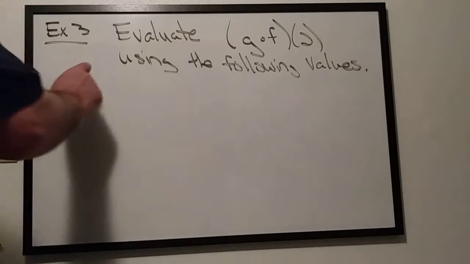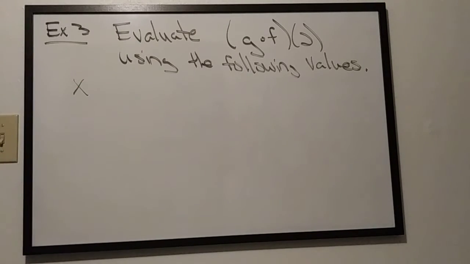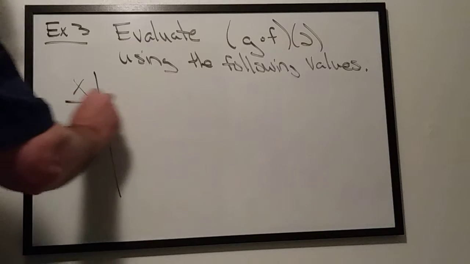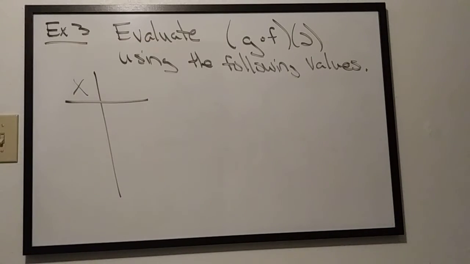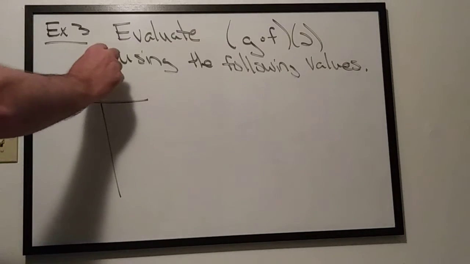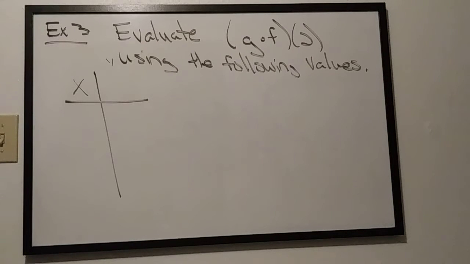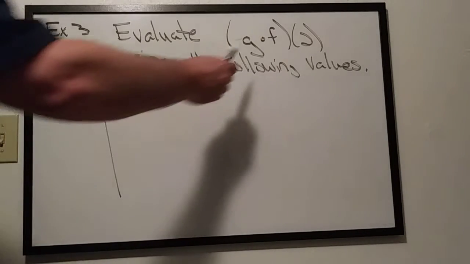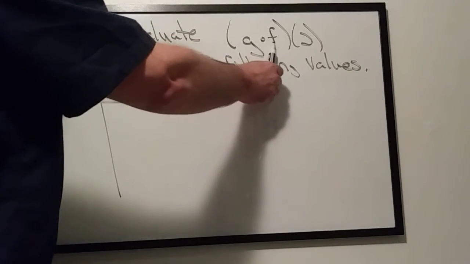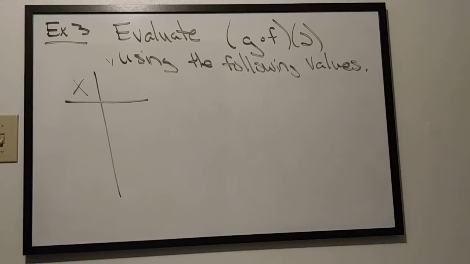So thinking about XY tables, we'll have a column called X. And traditionally when you make an XY table, you would come over here and say we're also going to have a Y. However, thinking about what's running around in this problem, I actually have two different functions.